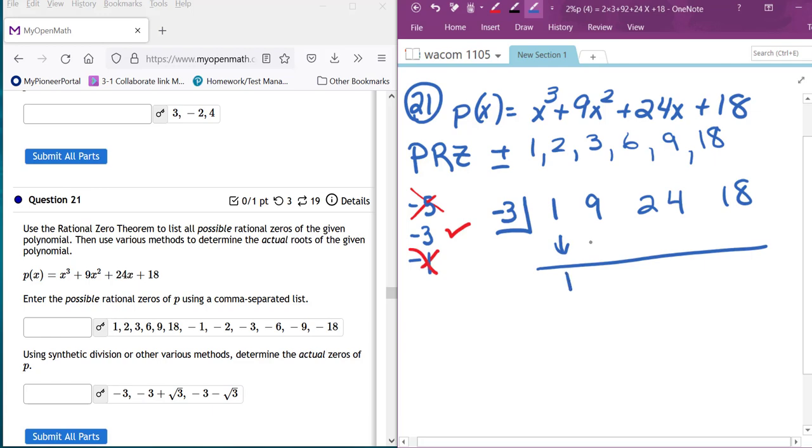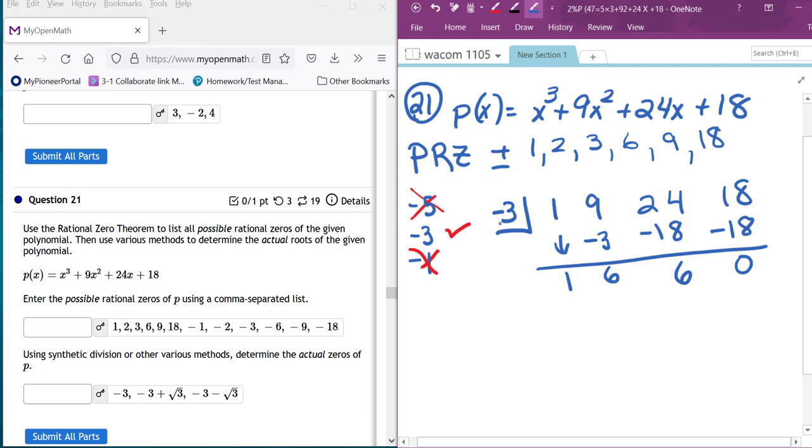So 1 times negative 3 is negative 3. 9 minus 3 is 6. 6 times negative 3 is negative 18. And we'll subtract there. And that gives us 6, positive 6. And 6 times negative 3 is negative 18, which gives us 0. We expected that because we were dividing by one that we had already verified as a 0.